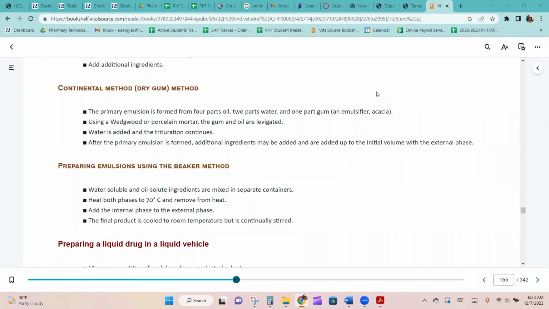So the continental method, dry gum method, the primary emulsion is formed from 4 parts oil, 2 parts water, and 1 part gum, among other things you can read through.